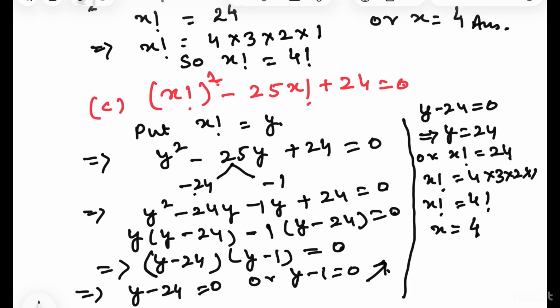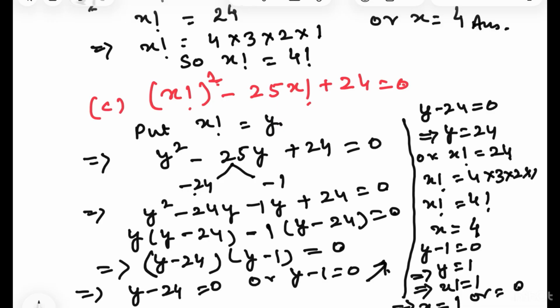देखिए सेकेंड पार्ट है आपका y minus 1 is equal to 0 implies y is equal to 1. This implies x factorial is equal to 1. देखिए इसमें आपकी दो वैल्यूज आती हैं. This implies x is equal to 1 और x is equal to 0.